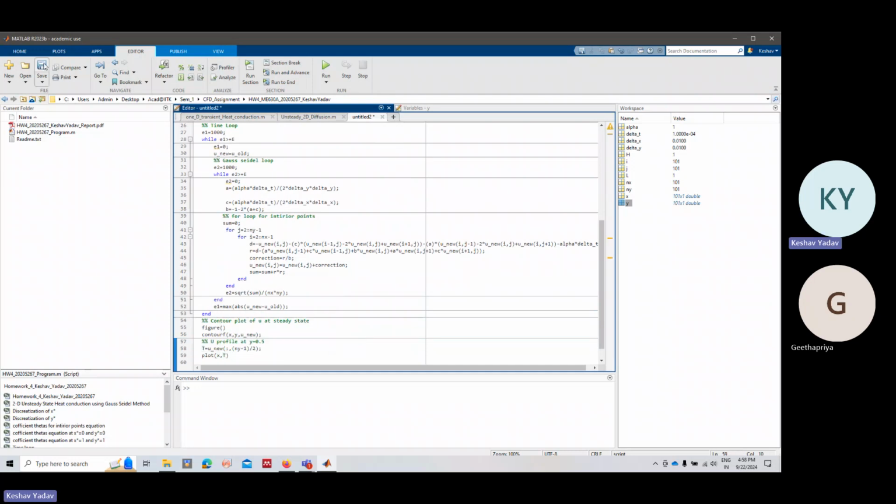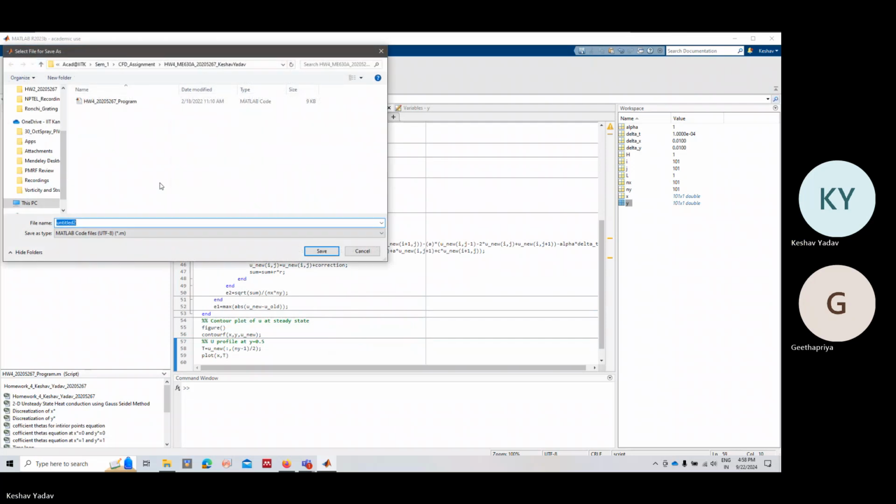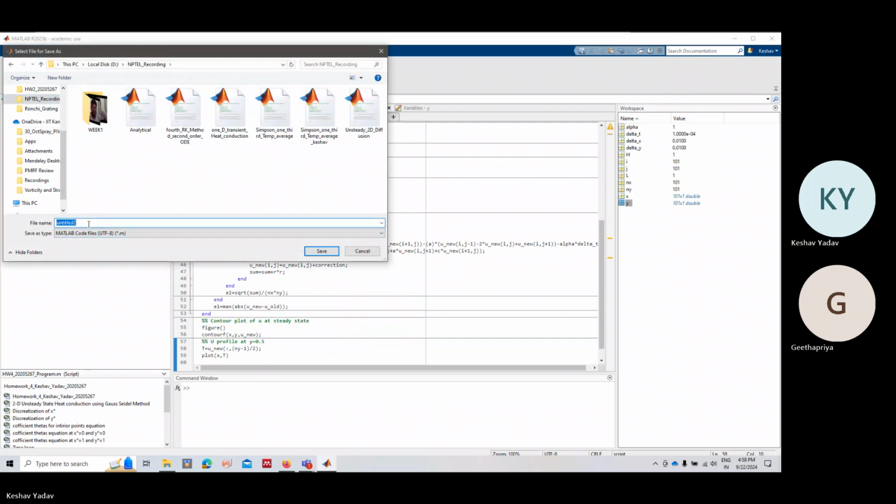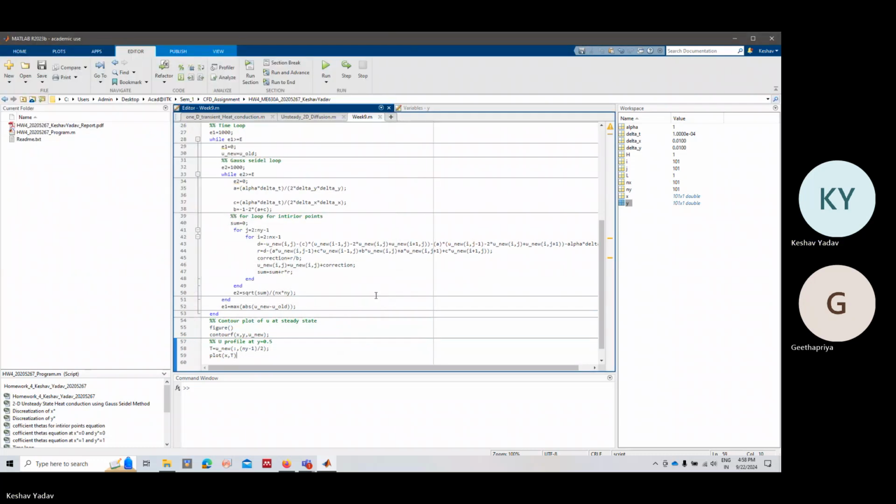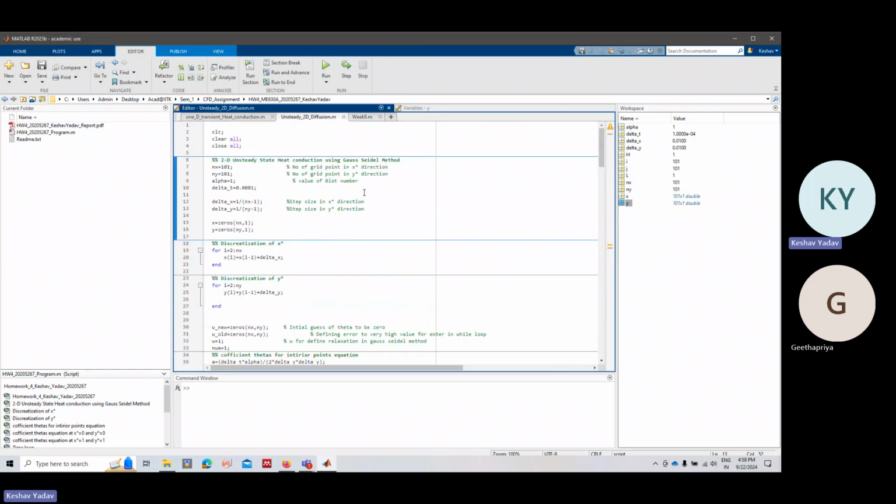So simply, I need to save this program. Suppose this is my week 9 program. If I run this program, it will take some time to run.